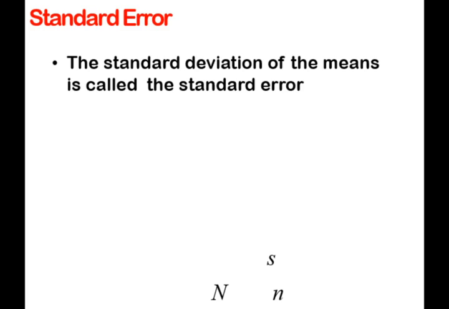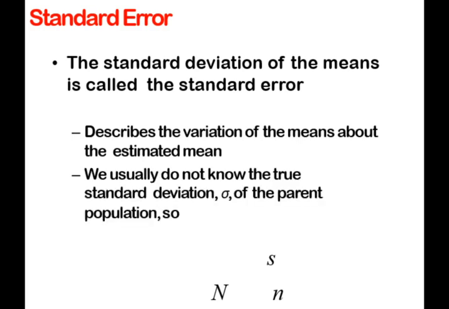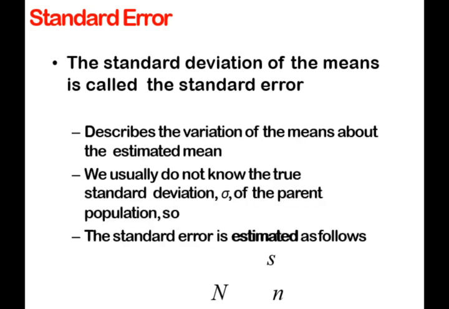But you don't need to have those data sets to calculate the standard error. The statisticians have actually come up with a formula that will give you an idea of what the standard error, or what the standard deviation of the means, will look like.